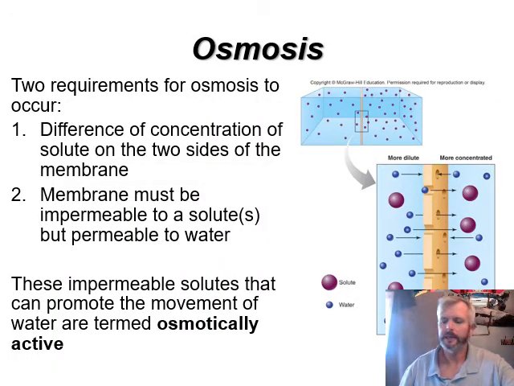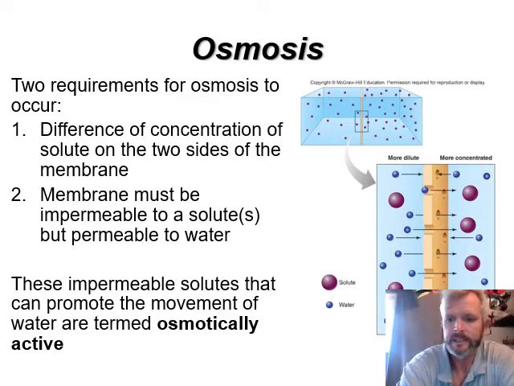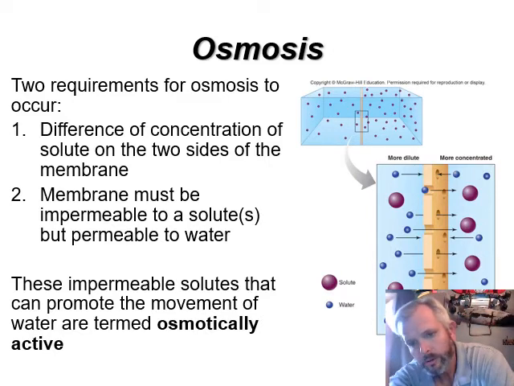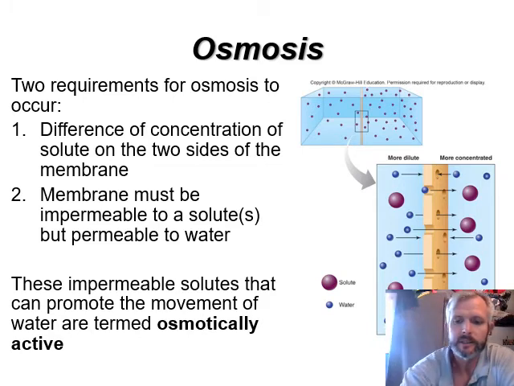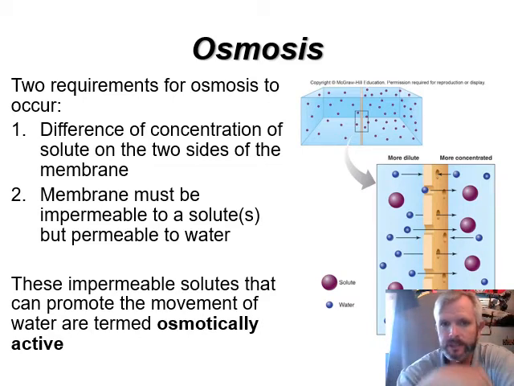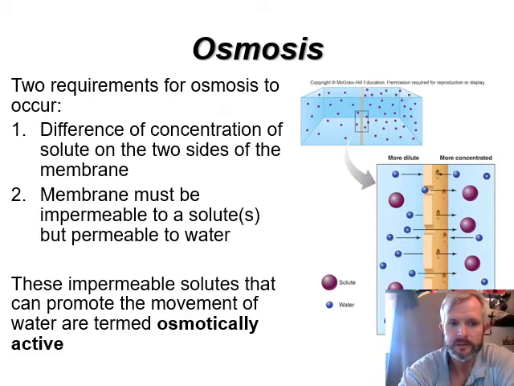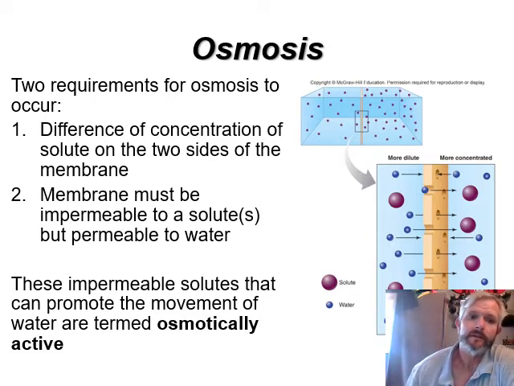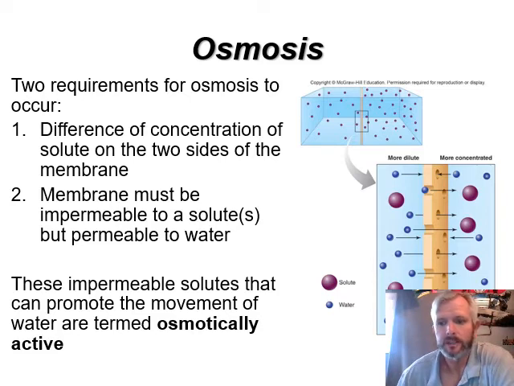Now let's look at a specialized form of diffusion, water moving across the plasma membrane. Water movement or diffusion is termed osmosis. What are the requirements for osmosis to take place? The concentration of solutes on the two sides of the membrane has to differ.